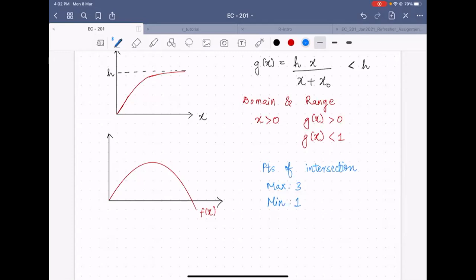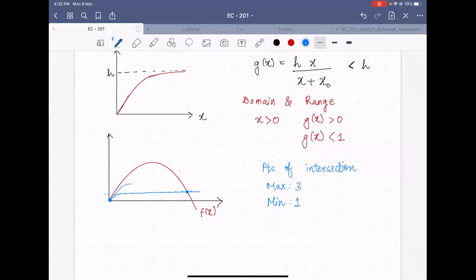For example, my h is very small, somewhere over here. My graph would go somewhere like this, and it would intersect like this. So firstly, I have this point of intersection and this point of intersection. So I have 2 points of intersection.